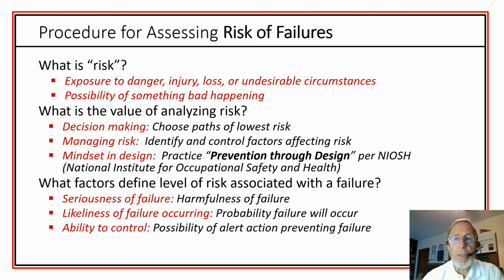It's the probability that one could associate with this failure. The third is the ability to control or to prevent the failure, because there are situations in which we can anticipate the failure and we can avoid it. So these three factors come into play when we're defining the level of risk associated with a failure.